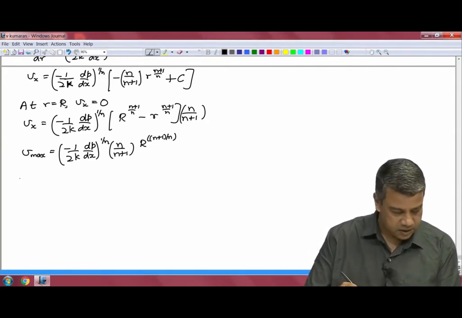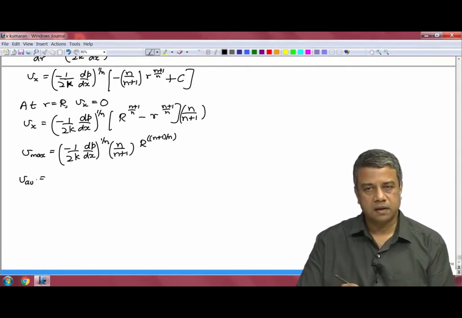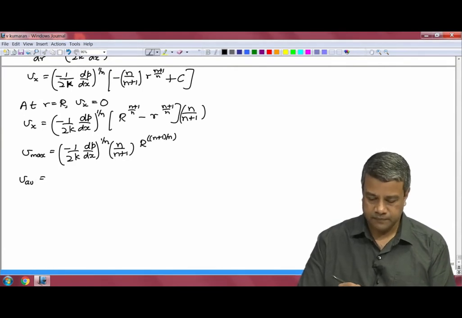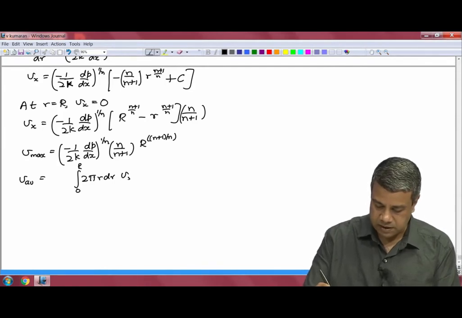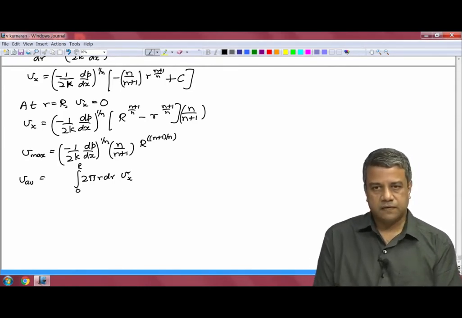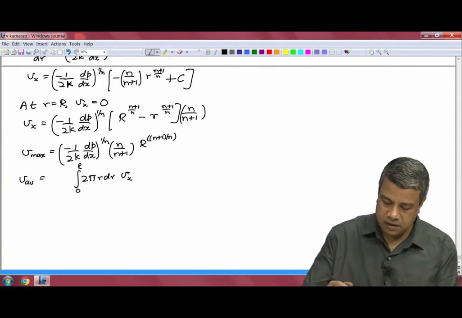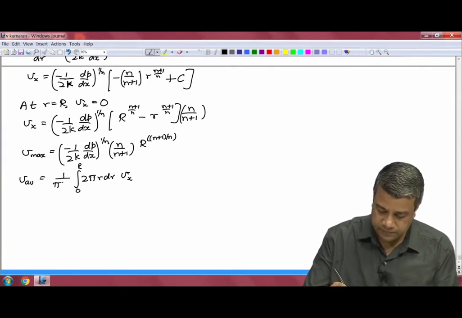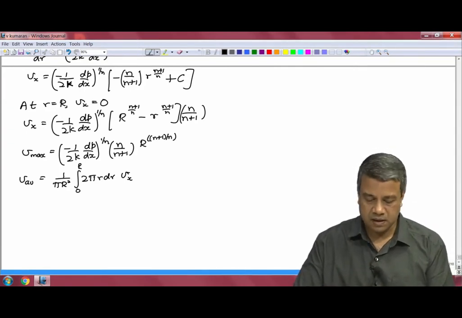The average velocity is the ratio of the flow rate and the cross sectional area. The flow rate we had seen earlier was equal to the integral from 0 to R of 2 pi r dr times Vx. The differential cross sectional area times the velocity, integrated from 0 to R, is the total flow rate. That divided by the total cross sectional area, pi R square, is the average velocity.